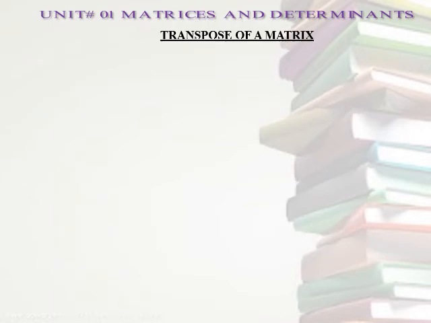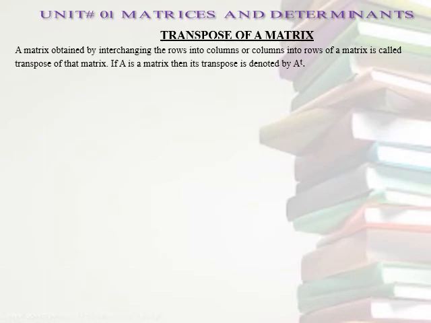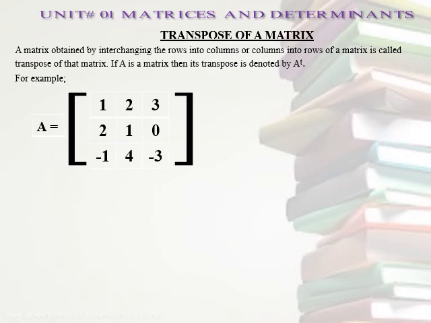The next topic is the transpose of a matrix. A matrix obtained by interchanging the rows into columns or columns into rows of a matrix is called the transpose of that matrix. If A is a matrix, then its transpose is denoted by A transpose. For example, this is matrix A. Let me show you the steps to get the transpose of matrix A. I am going to change rows into columns.